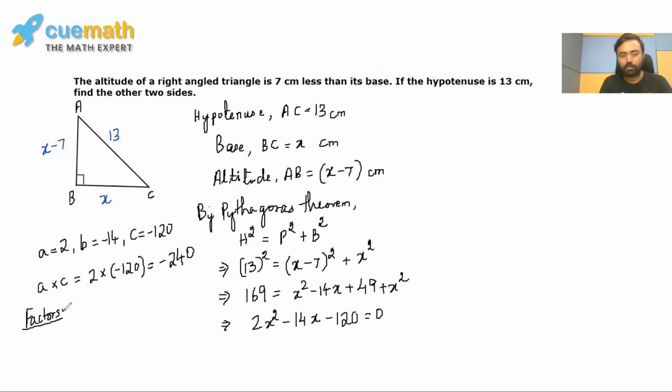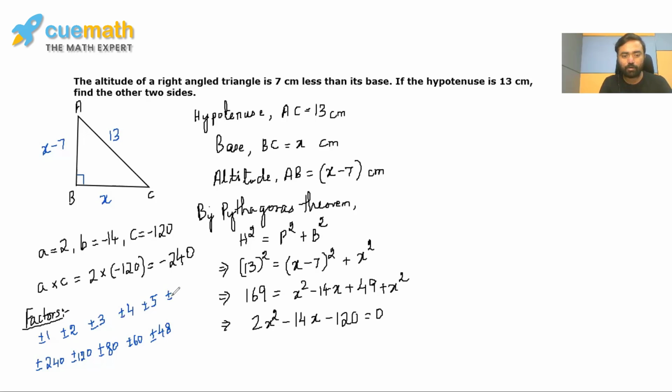So the factors would be plus minus 1 and plus minus 240, then plus minus 2 and plus minus 120, plus minus 3 and plus minus 80. There are a lot of factors. Then plus minus 4 and plus minus 60, plus minus 5 and plus minus 48, since 5 8s are 40.